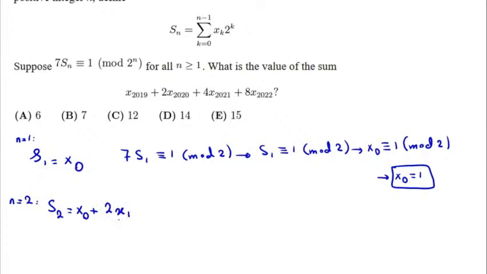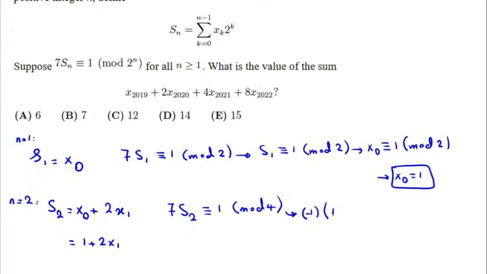S2 is x0 plus 2x1. And we know 7S2 mod 4 is 1, by the assumption of the problem, if n is 2. From the previous part, we found x0 is 1, so 1 plus 2x1. And if we replace it here, 7 mod 4 is negative 1.